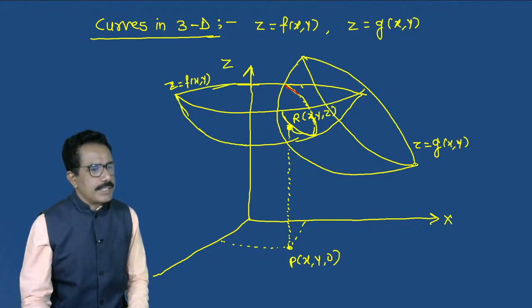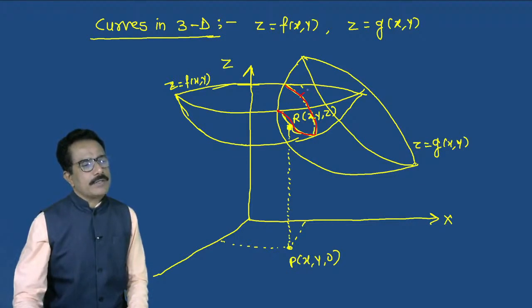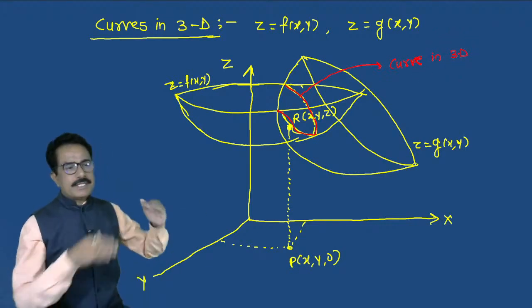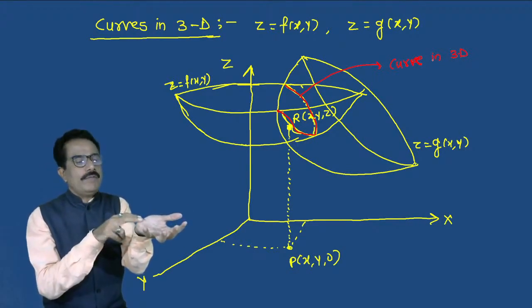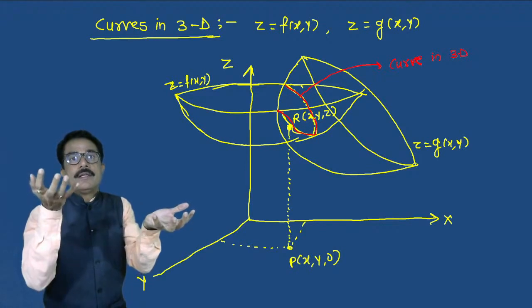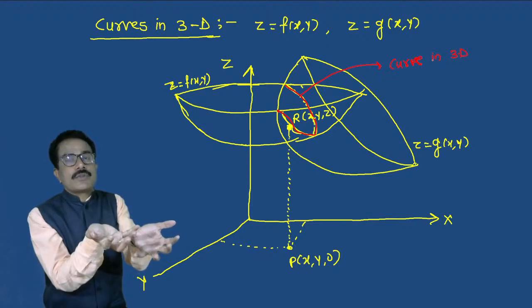So this intersection part will be the curve. This intersection part is a curve in 3 space, a curve in 3 dimensions. Suppose the first surface is z is equal to f of x comma y, and the second surface is z is equal to g of x comma y.